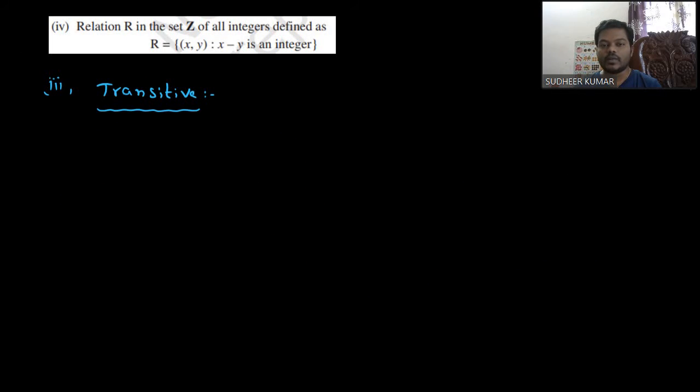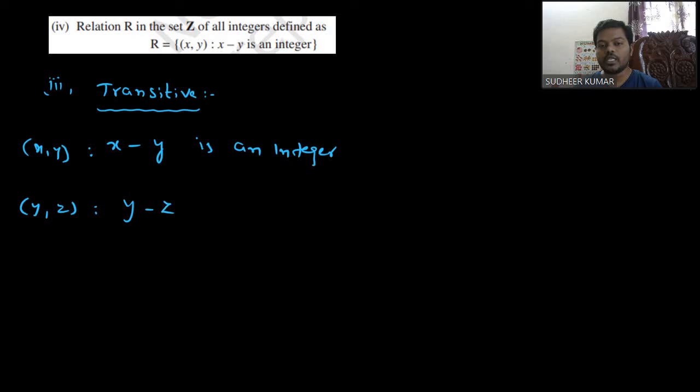So next, transitive. Here x minus y is an integer, that is xy. Now if it is yz, y minus z is also an integer. Now when these two are satisfied, check x comma z.